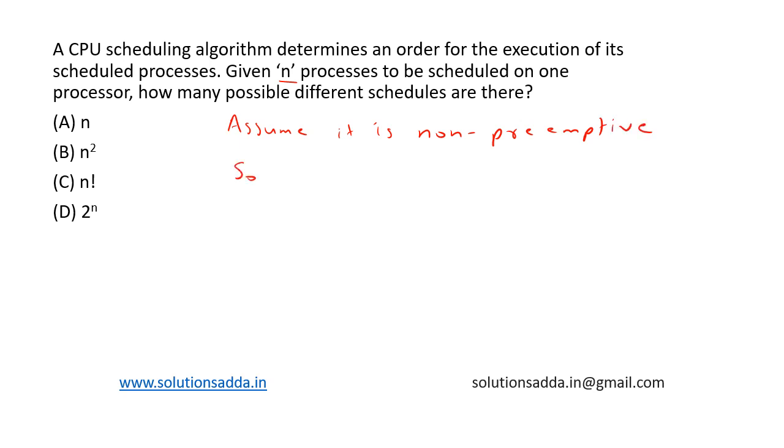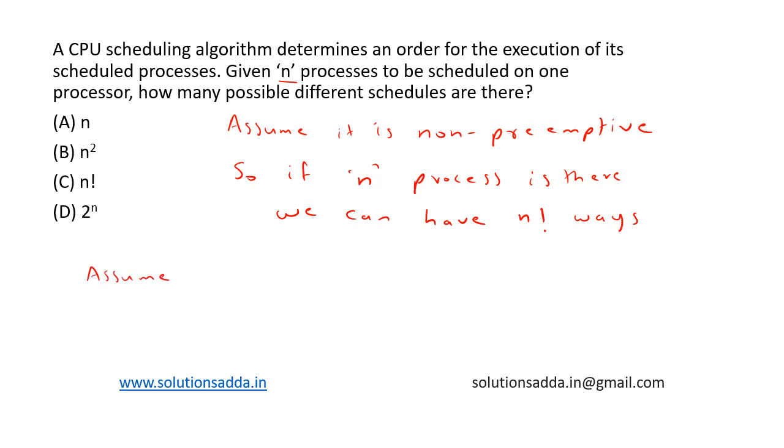So if n processes are there, we can have n factorial ways to schedule them, because assume 3 processes. The first process has 3 choices, it can be scheduled first, second or third.